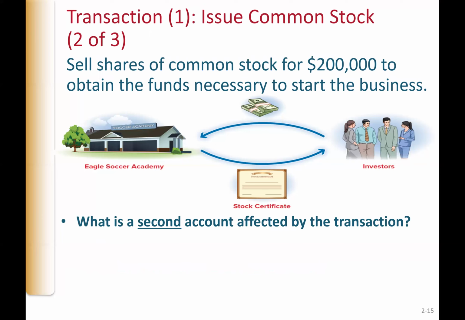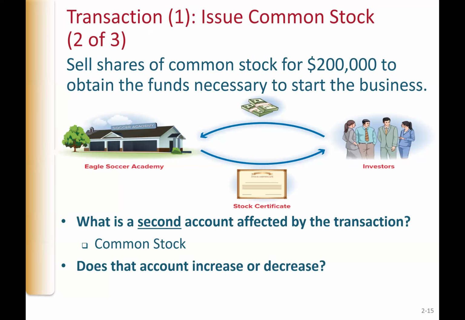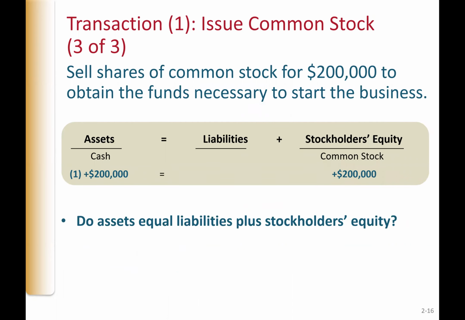Another account that was affected was stockholders' equity in the form of common stock. And common stock increased by $200,000. So on one hand, cash increased by 200,000, which was an asset, a resource. And our stockholders' equity under common stock also increased by 200,000.